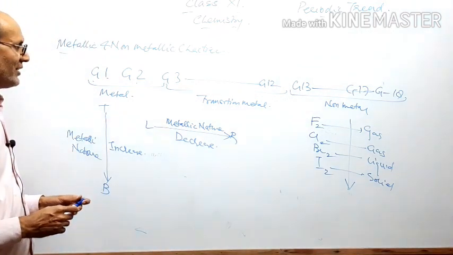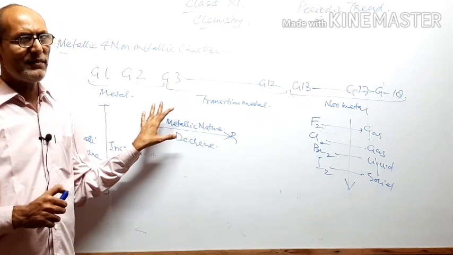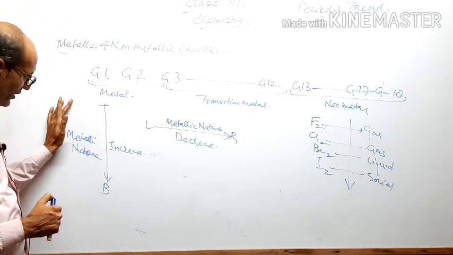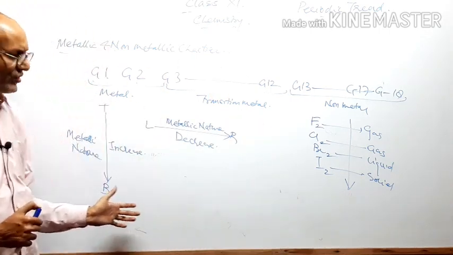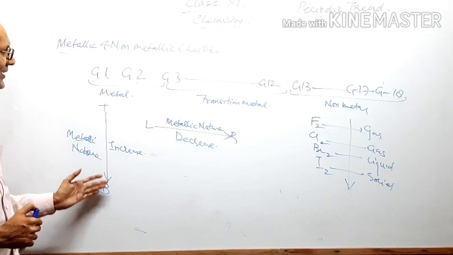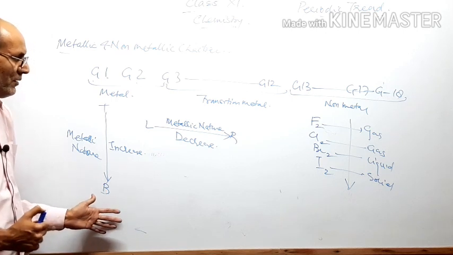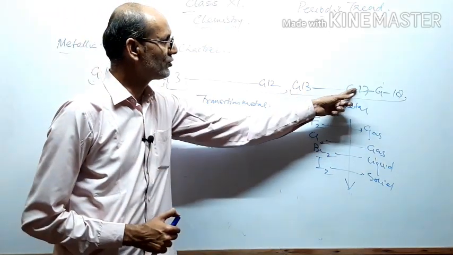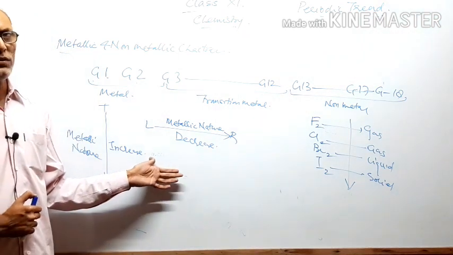Dear students, I think it is clear, and you must know the most metallic and most non-metallic elements. If you consider the whole periodic table, cesium, the group 1 bottom element, will be most metallic, while fluorine, in group 17 at the top, will be most non-metallic.